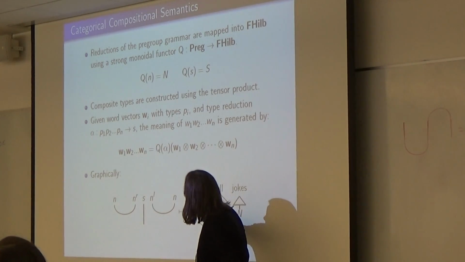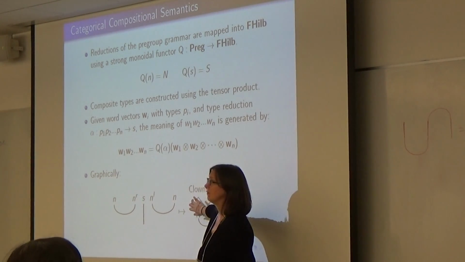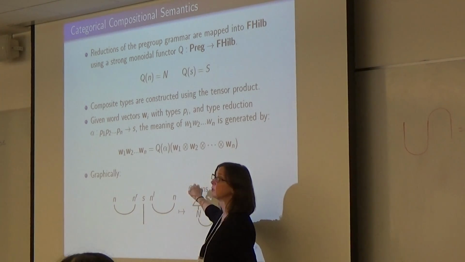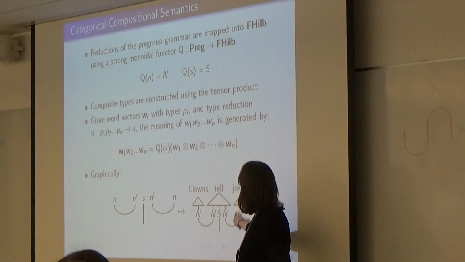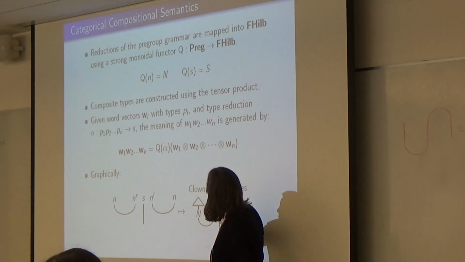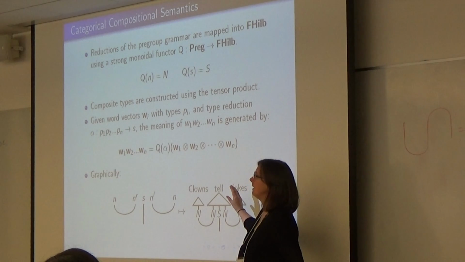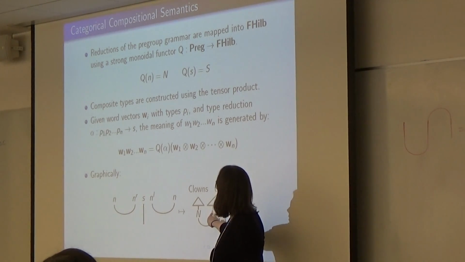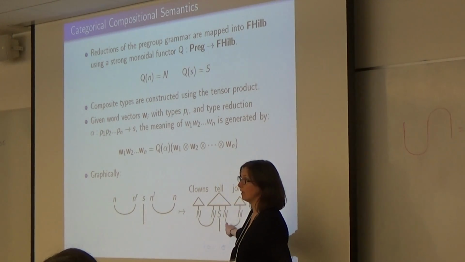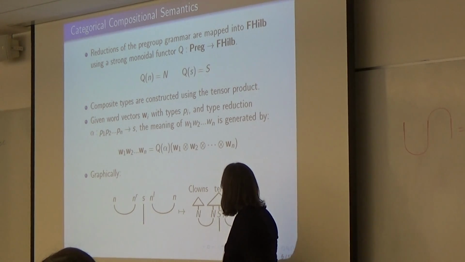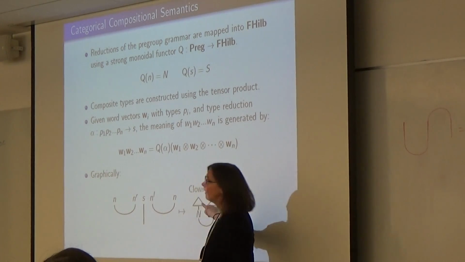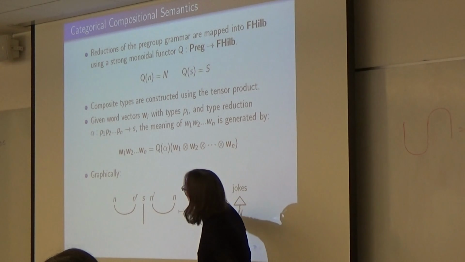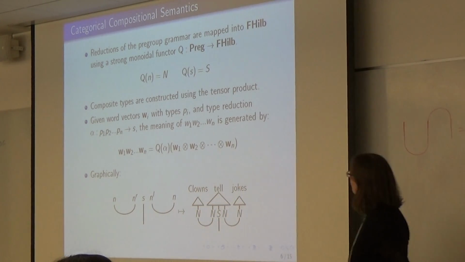This triangle represents a state in a vector space, which has just one line coming out of it, which means it's just a vector. Similarly here, the triangle with 3 lines coming out of it is a state in a vector space formed of the tensor product of these vector spaces. So it's a rank 3 tensor. And then what these cups are doing is tensor contraction on these parts of the tensor.